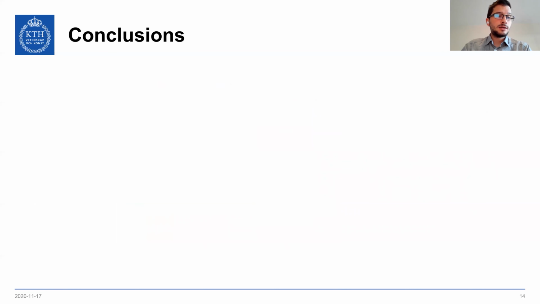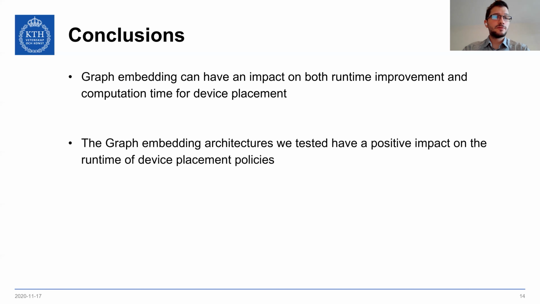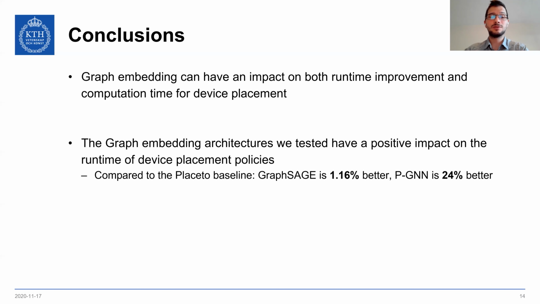In conclusion, we can say that graph embeddings can have an impact on both runtime improvement and computation time for device placement. We see that in regards to execution time improvement, our GraphSAGE implementation performs only 1% better than the Placeto baseline. PGNN, however, achieves almost 24% better results than Placeto.